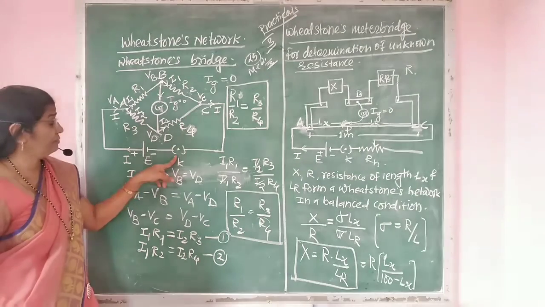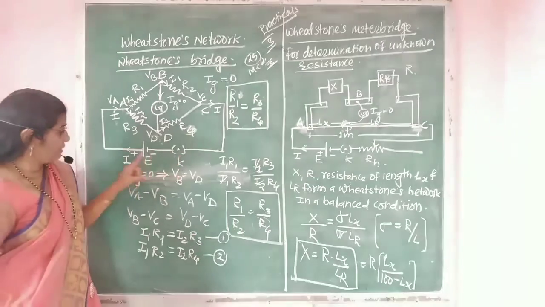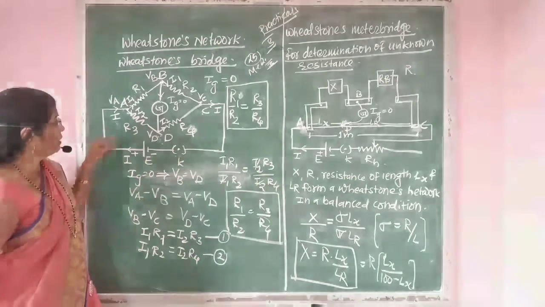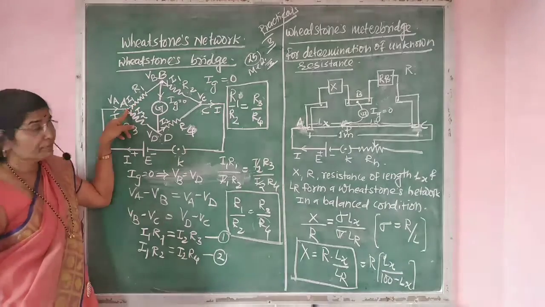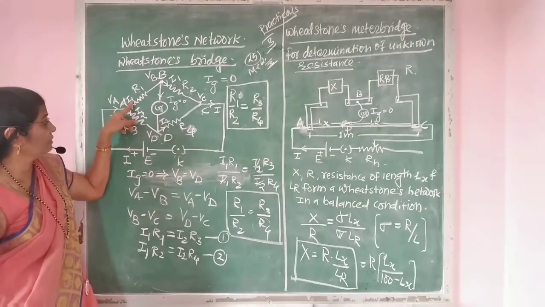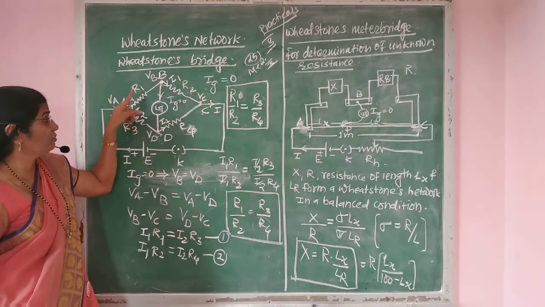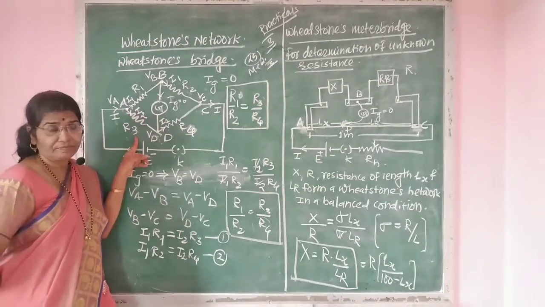When the key is closed, the cell sends a current I. This current I gets divided into two parts at point A. I1 flows through R1 and I2 flows through R3.